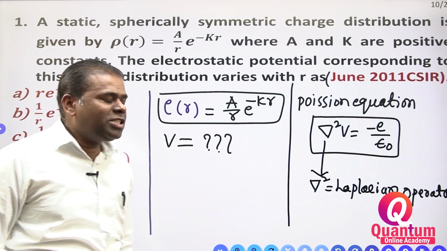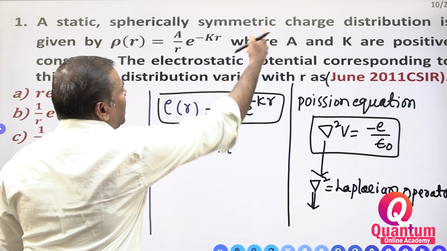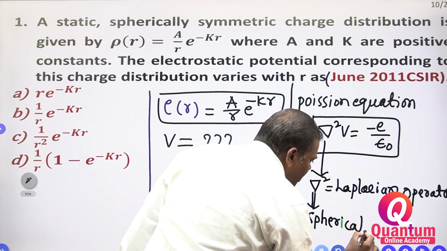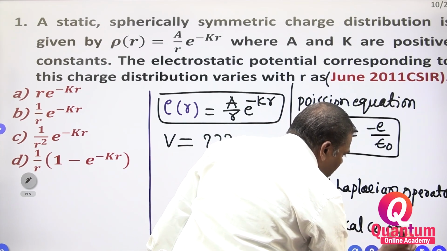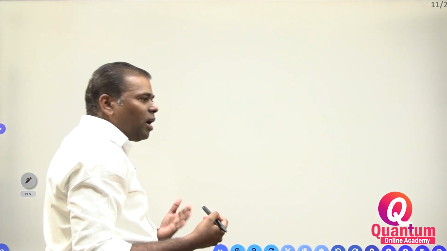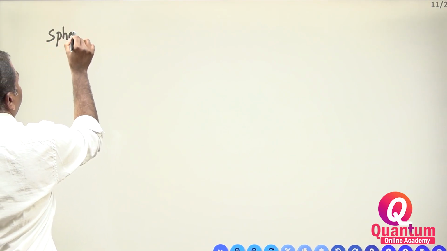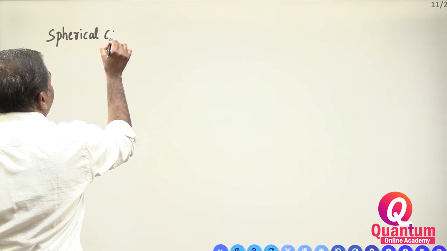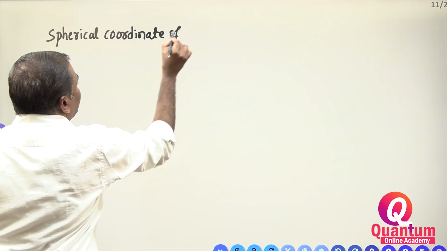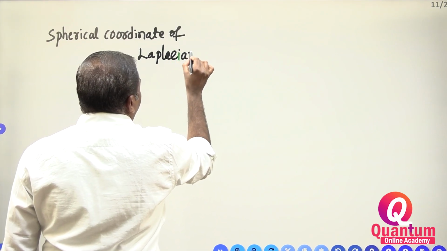Now for a spherically symmetric charge distribution, you have to take the spherical coordinate form of the Laplacian operator. This is very important.